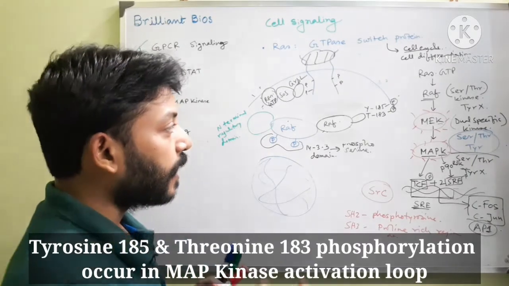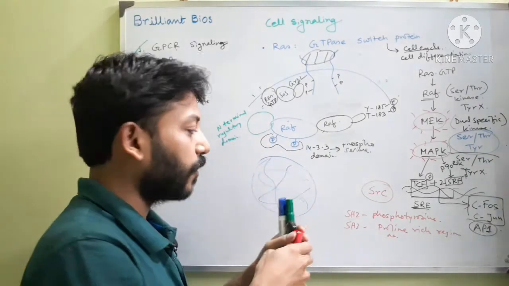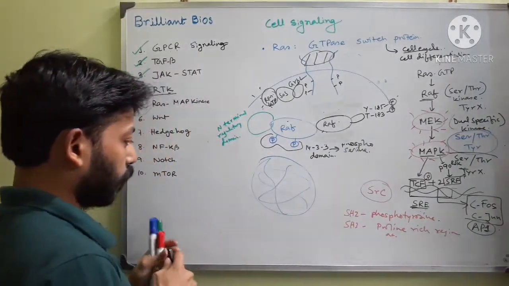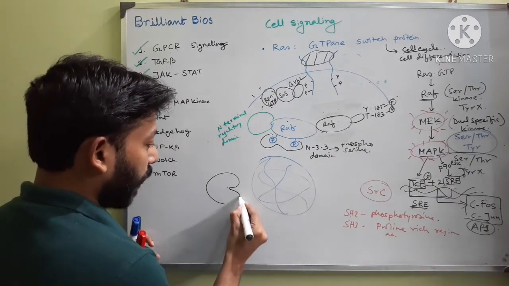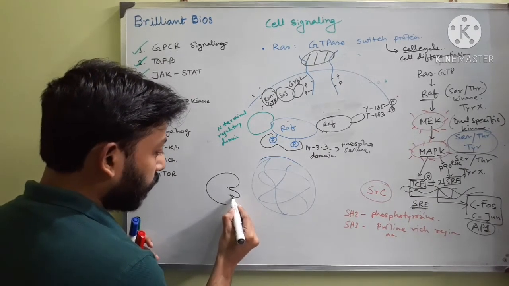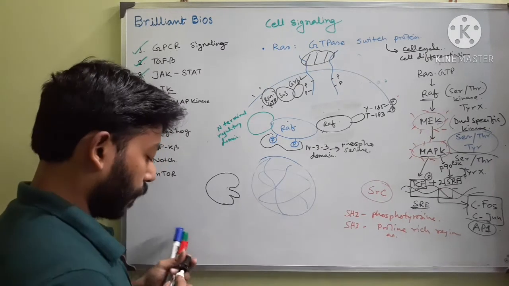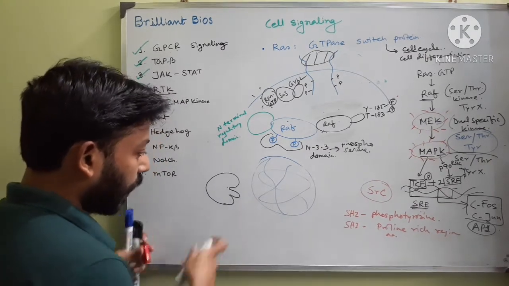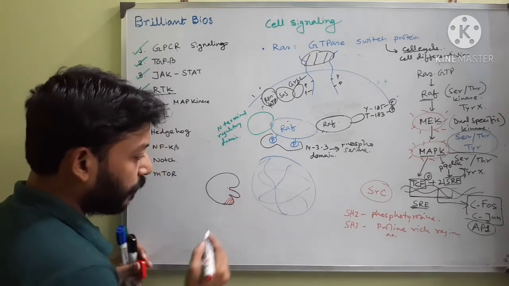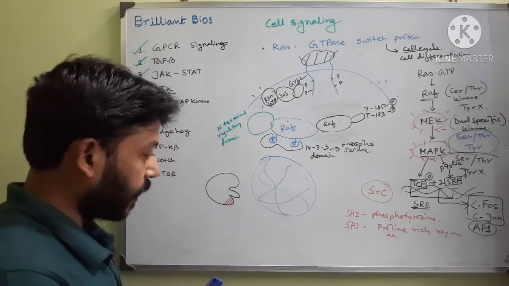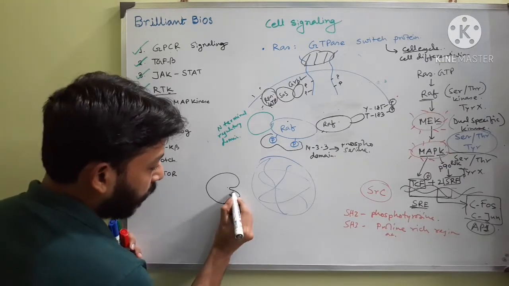Then it cannot hide. Let me give you an example. Suppose this is the activation loop, and here is the kinase domain, which I have marked in red. The activation loop prevents or masks this kinase site.